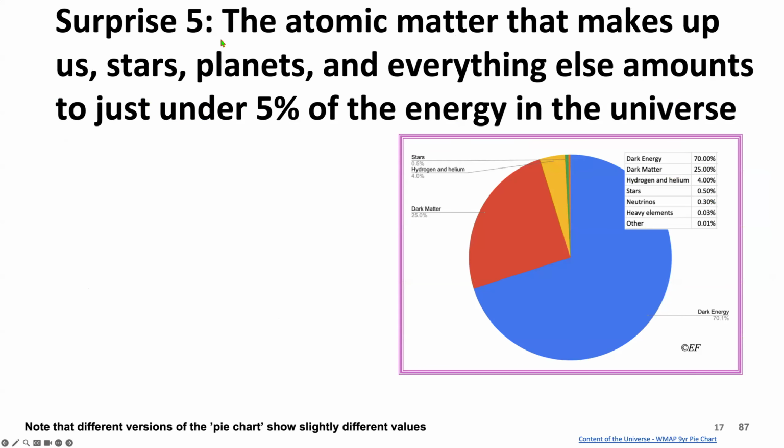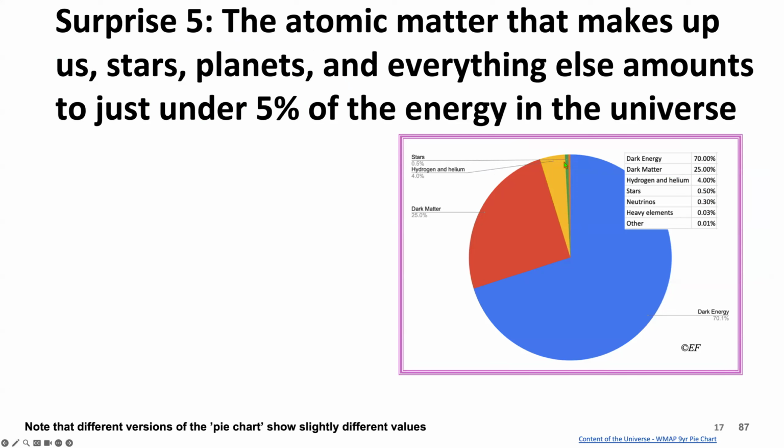Here's surprise number 5. Perhaps this should be number 1 because it's this shocking result that atomic matter, of which we are made and stars and planets, represents only 5% of the energy in the universe. Now, what are the other types of energy? So here are the stars, this green slice, and here's the free gas that floats around in and between galaxies.